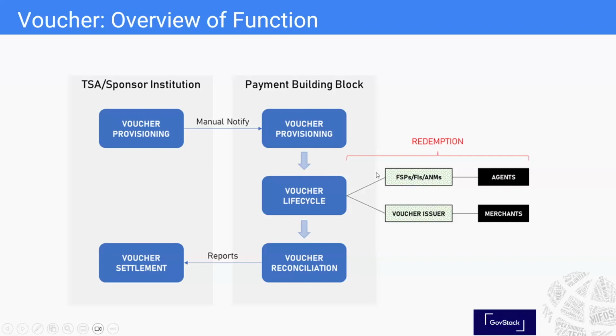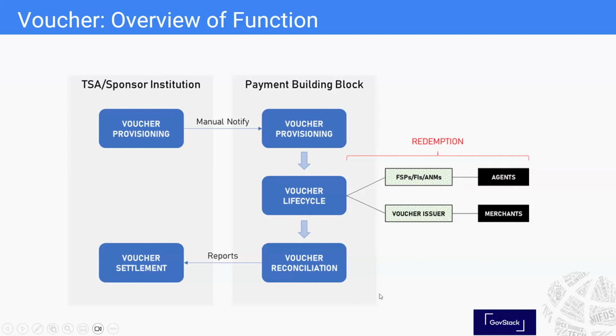Since the payment building block does not communicate directly with either agents or merchants, it would do so through their FSPs. So the way agents or merchants are onboarded to that system depends upon the registration or aggregation system, or acquiring system, that may be in place at the end of the FSPs.